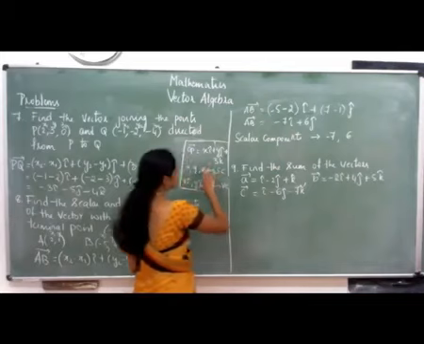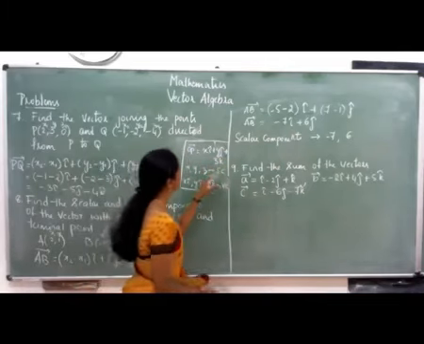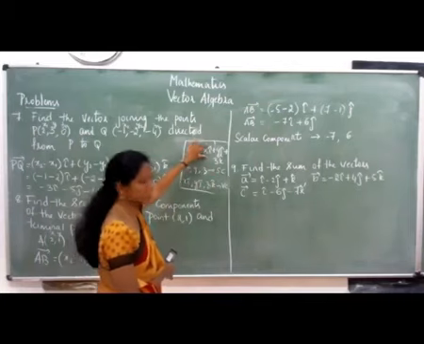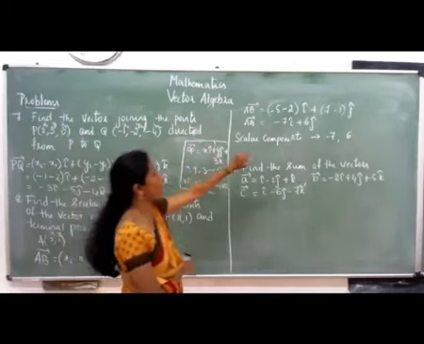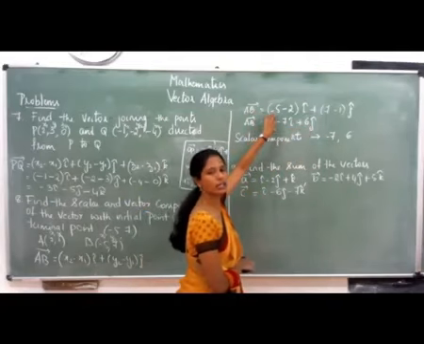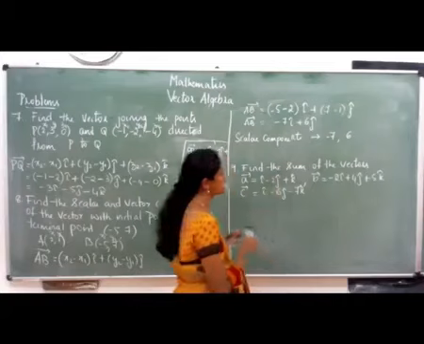So looking at this, you can say that x, y, z are scalar components of the vector xi cap plus yj cap plus zk cap. Then -7 and 6 will be the scalar components for the vector -7i cap plus 6j cap.